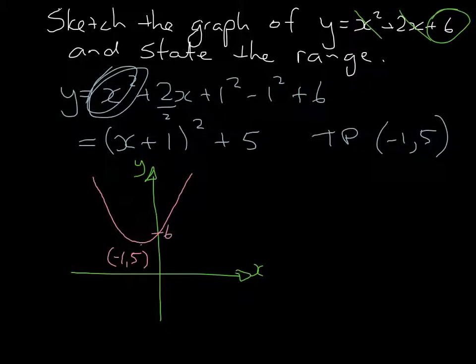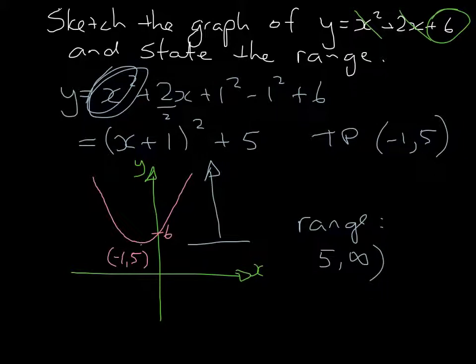Okay, and the range for this one, the lowest point that we have is 5, and it just goes upwards. So our range is going to be 5 to infinity. Round bracket for infinity. Does it touch 5 in the y? Yes, it does. That's what our range is going to be for this particular question.